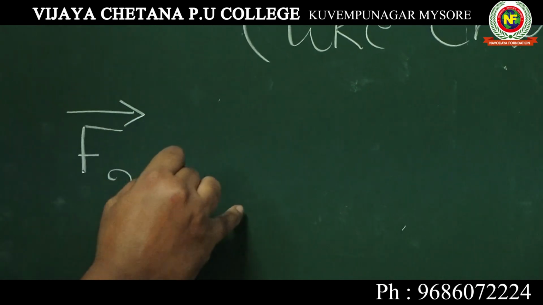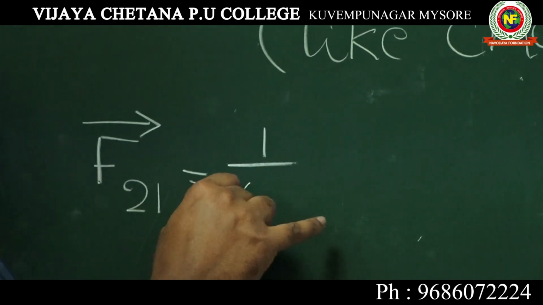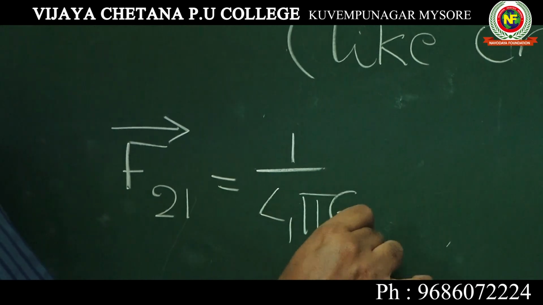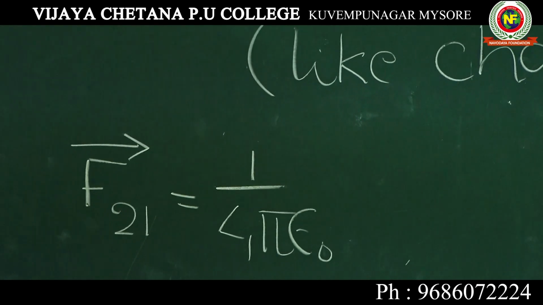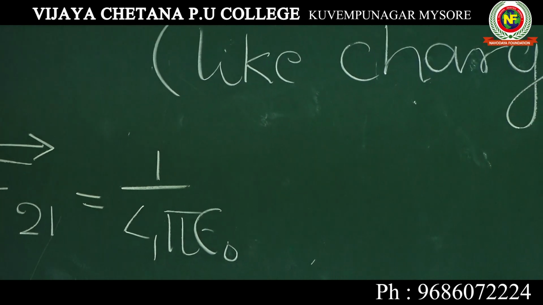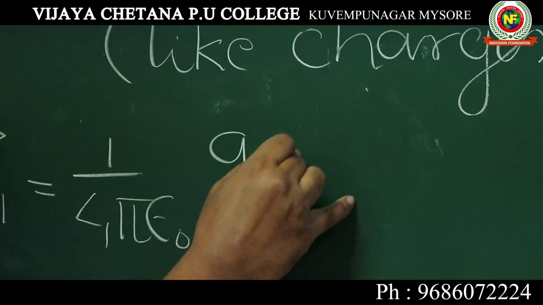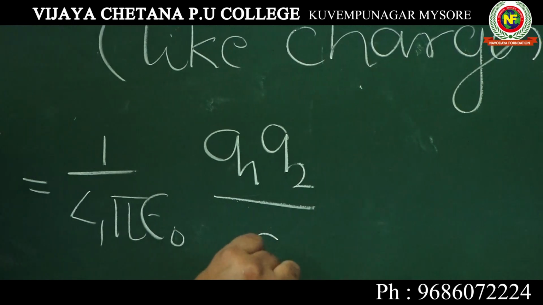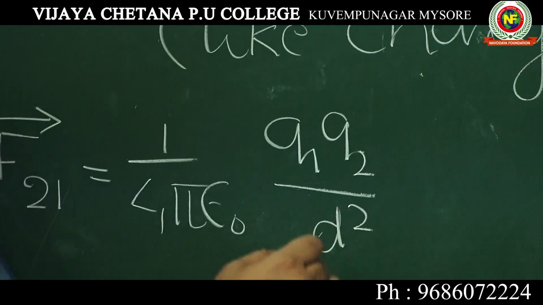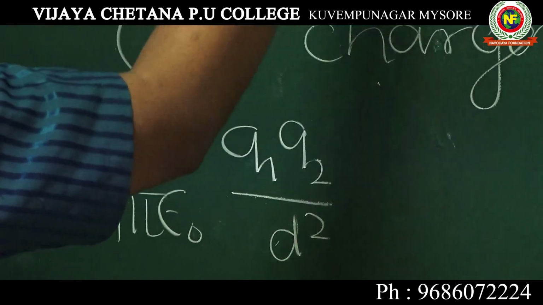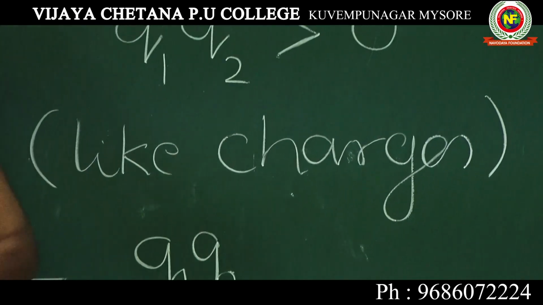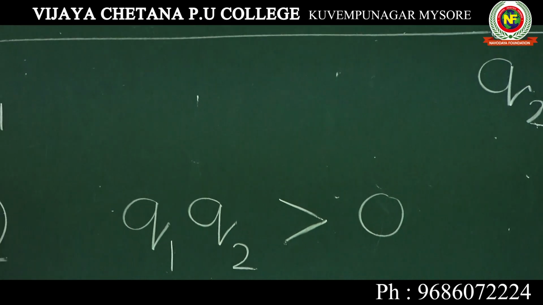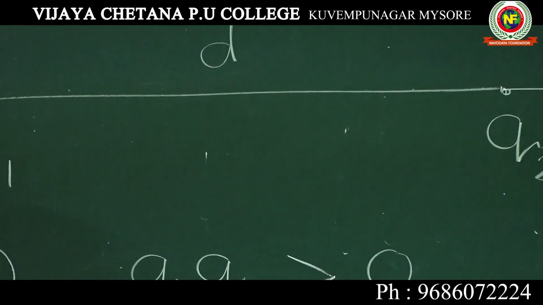F21 vectorially is 1 by 4 pi epsilon naught product of charges divided by distance square. See, since the force is acting along the line joining two charges either that way or this way, on that line I select a unit vector and multiply this by that.